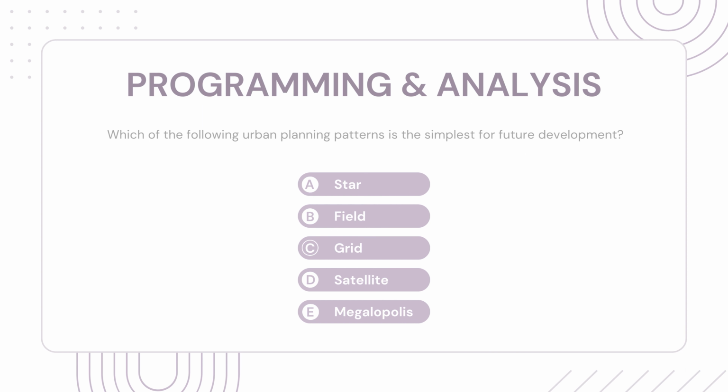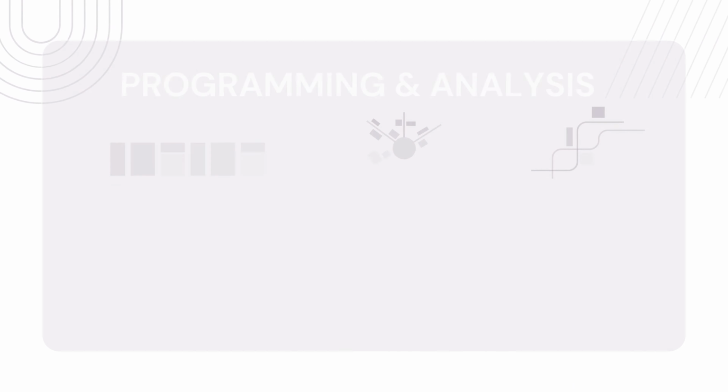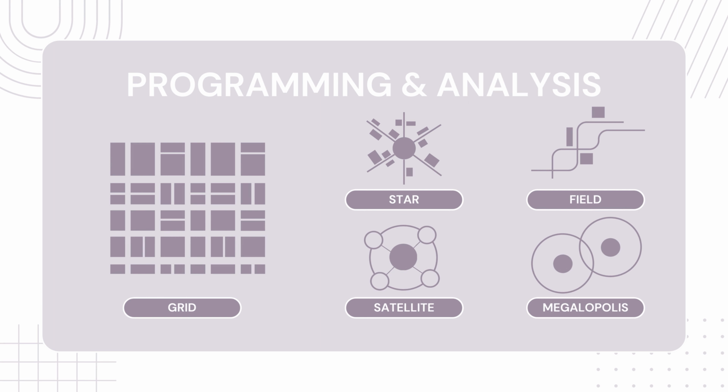The answer is grid. Grid patterns are created with the junction of 2 major roadways, and growth continues in a methodical perpendicular pattern until encountered by a natural formation such as a body of water or a mountain. Most of the major cities in the United States follow this pattern.